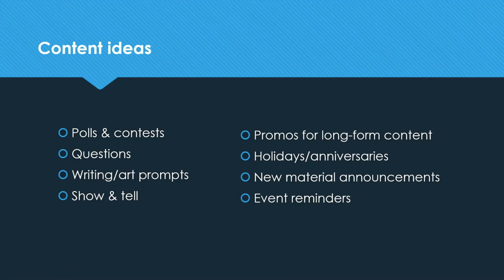The strange, interesting national observances are perfect for content generation, and they're great ways to push titles in your collection that people might not realize exist. You can also always do new material announcements, and do event reminders. Before you have an event, make sure you're reminding people of that event, because they may see it, but it doesn't hurt to do a reminder or two.